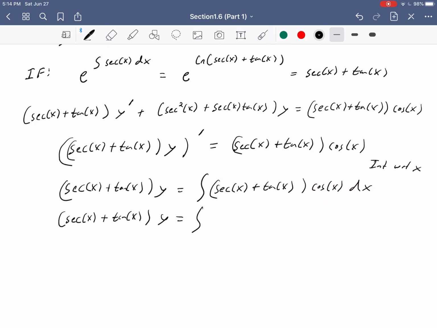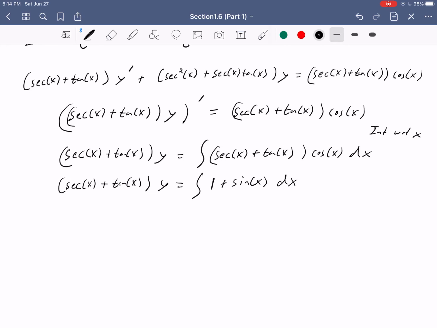Cosine times secant, of course, is just 1, and cosine times tangent, tangent is sine over cosine, so we just get sine x dx. Now we can go ahead and integrate. Secant x plus tan x times y is equal to x minus cosine x plus c after integration.